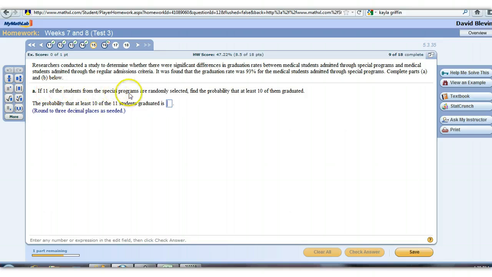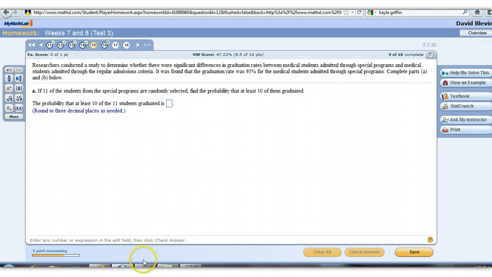If 11 students from the special programs are randomly selected, find the probability at least 10 of them graduate. Alright, at least 10 is 10 or 11, all 11. So I could say that I'm looking for the probability of 10 and I'm going to add to it the probability of 11. Right, that's at least 10. That's the only two numbers here that could satisfy 10.